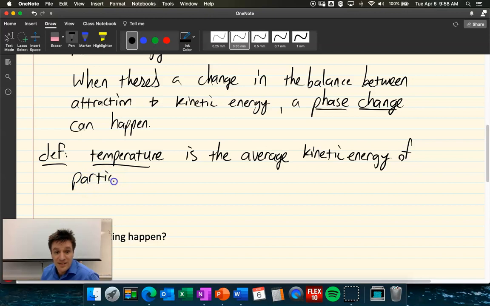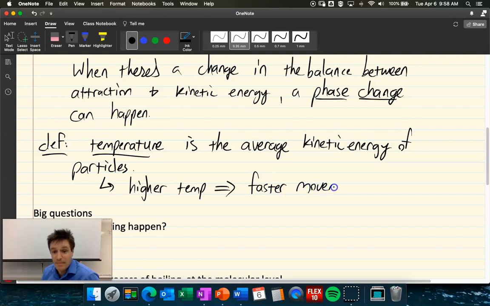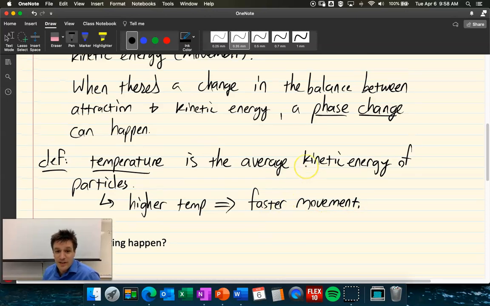So if we increase the temperature, the particles are going to move faster. Okay? Higher temp implies faster movement. And this just makes sense. I mean, think about it.